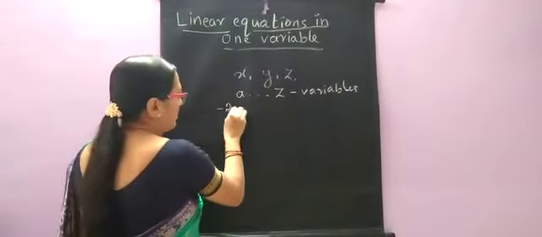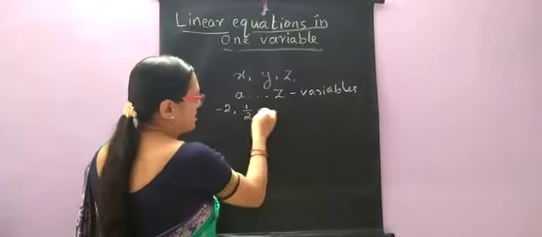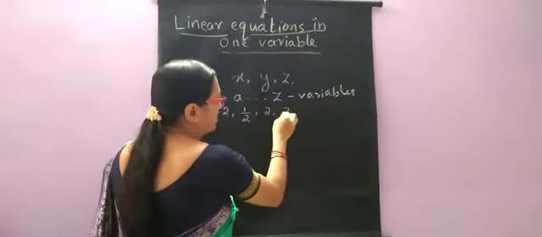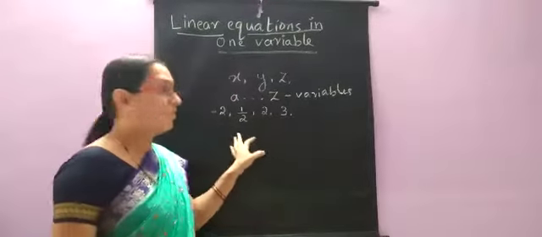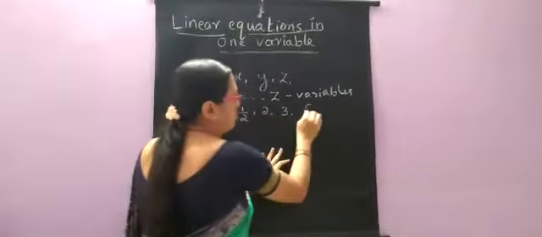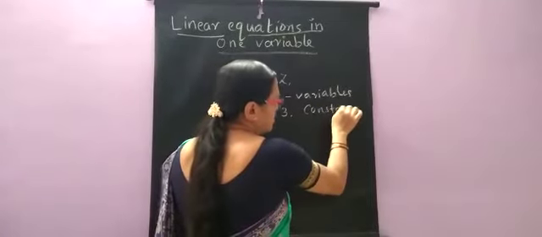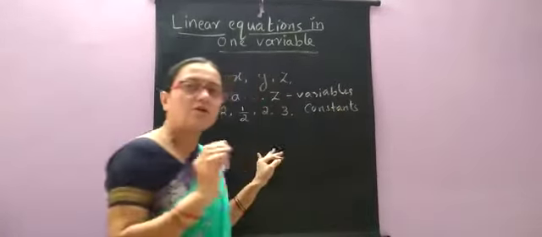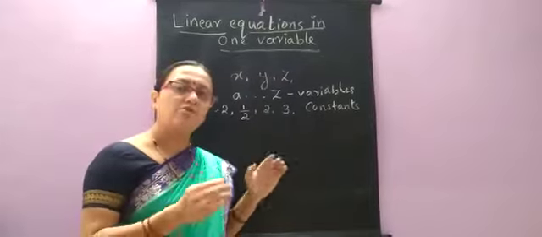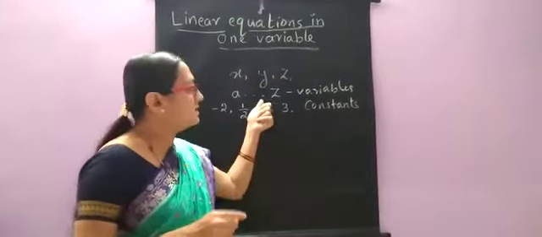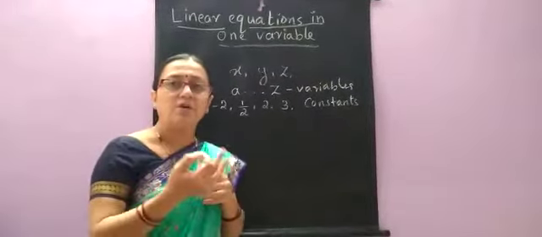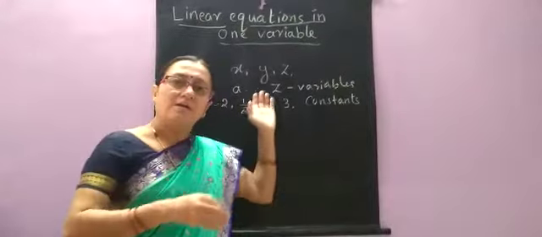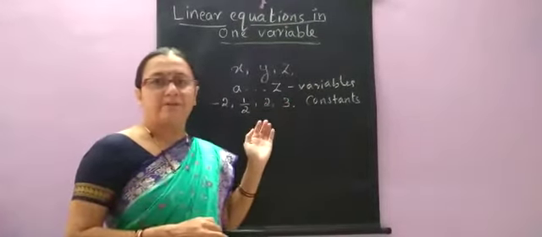Then the integers or rational numbers that we use with the variables, we call these numbers constants. So constants are those which do not change their value when they are used anywhere. But variables keep on changing their value when we put different values for the variables.